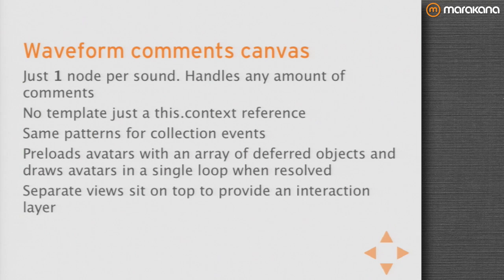And then, because canvas is not that great to work with for interaction, you have to start testing mouse points, etc. We have some separate views that sit on top that are just very light ways to interact with the comments. But of course, you're still making tons of requests, loading thousands and thousands of comments in this situation, which is also kind of crazy.